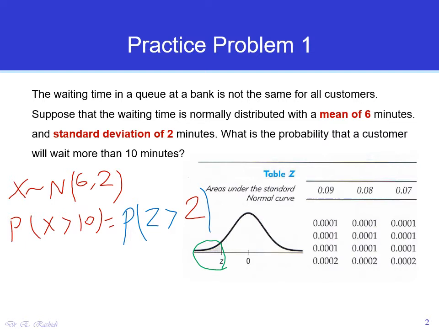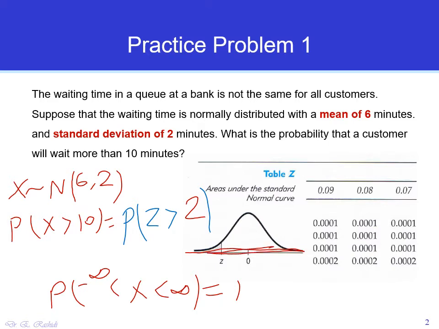Well, what we can do here is to use the probability of the complement of an event. We know that the probability of the whole sample space would be 1, right? That means that for a normal distribution, the probability that X is from negative infinity to positive infinity is equal to 1. That includes the whole shaded area of this graph, if the whole area is equal to 1, okay?